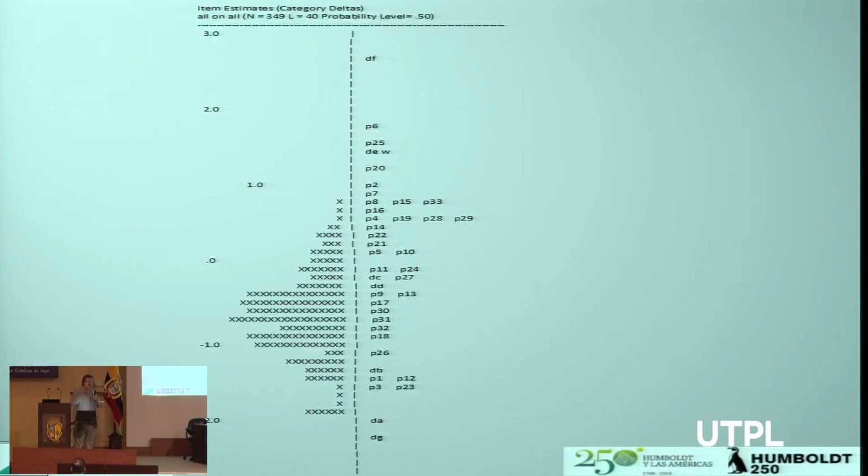Because some behaviors are very easy and some are very difficult. A difficult item would be, I never use a car for moving around. You know? It's very difficult. Or others are much easier. And here you see the difficulty. You immediately see, okay, there's a good distribution of the items. These are the different items. Of course, I cannot go into the detail.